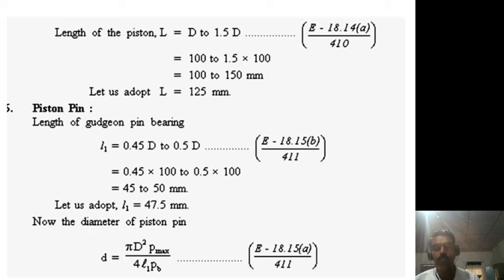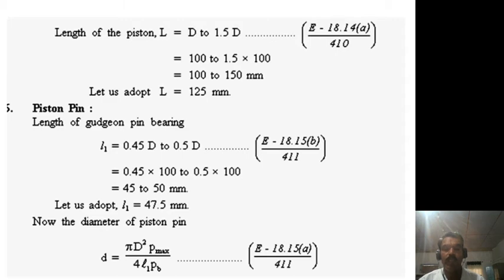So what is the equation here? The equation is already available in the DDHB, the design data handbook, page number 411. That is small d is equal to pi into capital D square. Capital D means what? Piston diameter. Into maximum pressure, P maximum, divided by 4 times L1. What do you mean by L1 here? L1 means the length of the gudgeon pin, which you have already calculated, into PB, the bearing pressure.